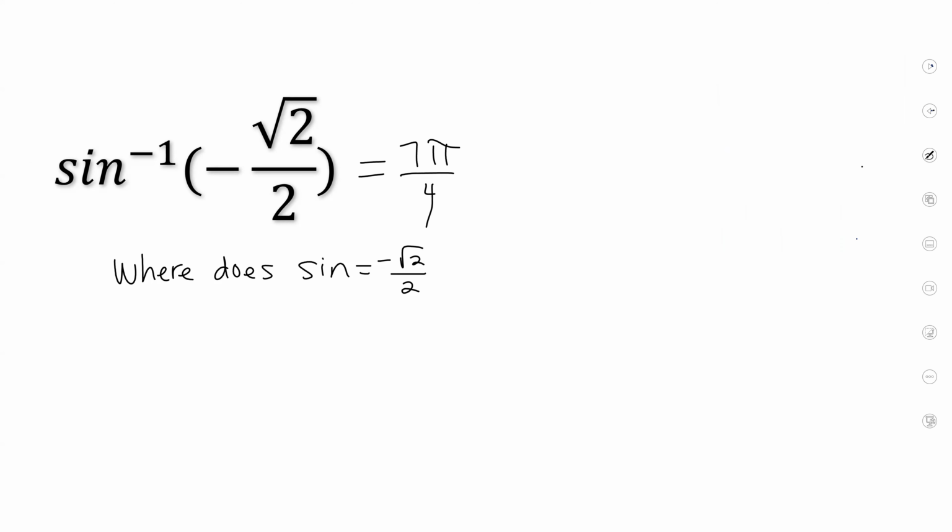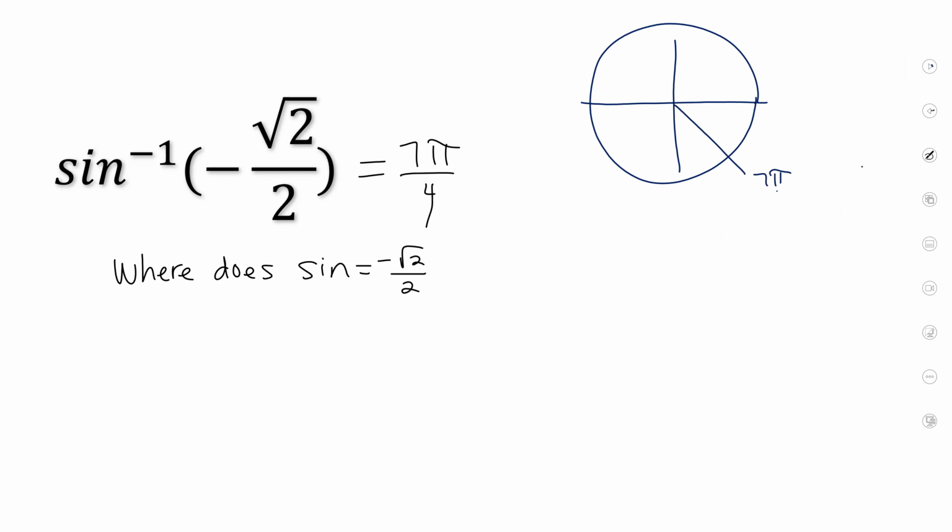Every class says it. Let's talk about it. You guys said 7 pi over 4 because that is right here. That's the angle 7 pi over 4, and the coordinate is square root of 2 over 2 and negative square root of 2 over 2. So you chose this one, right? This is the angle where the y value is negative square root of 2 over 2.